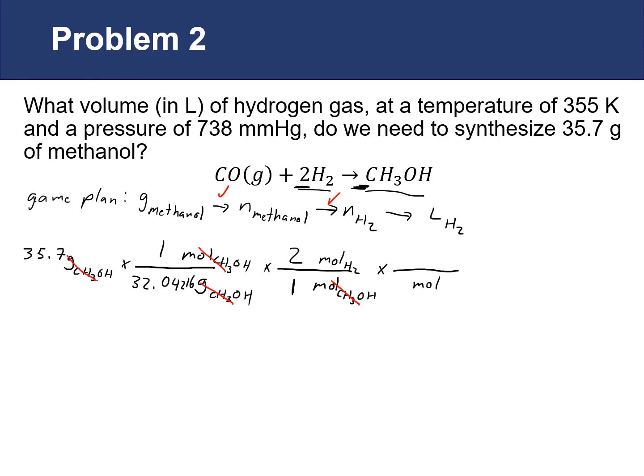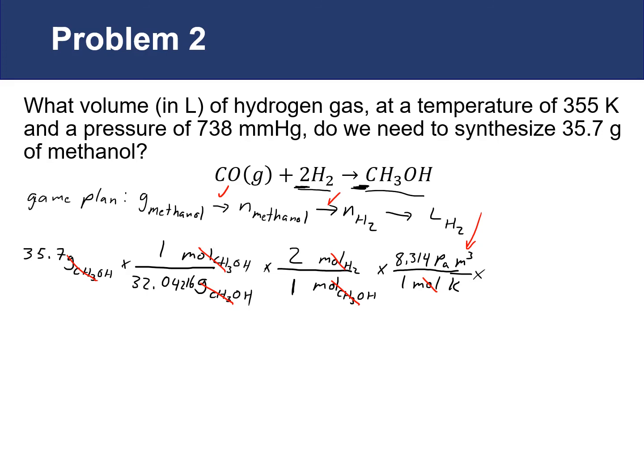Our R value is 8.314 Pascal meter cubed per mole Kelvin. Our moles will cancel out. We can see that we have something that will give us liters eventually. This is meters cubed. Meters cubed is a volume, and so that works well for us. That's telling us we're going in the right direction. It's on top, which is where we want it to be.